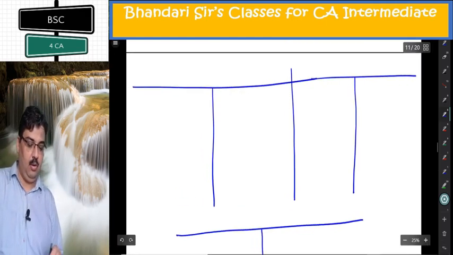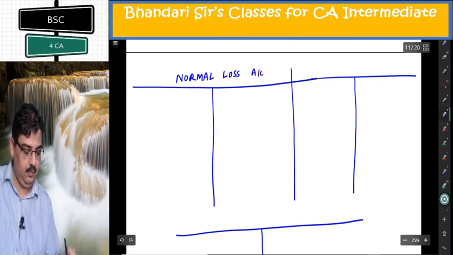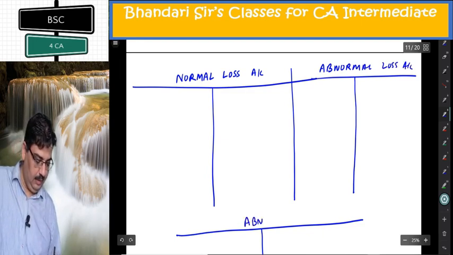So making three accounts simultaneously, normal loss, abnormal loss, abnormal gain.